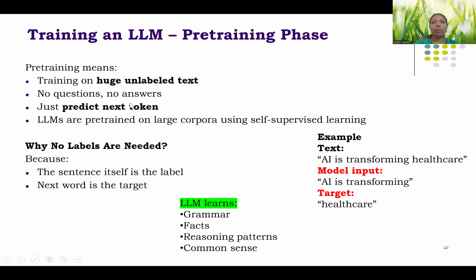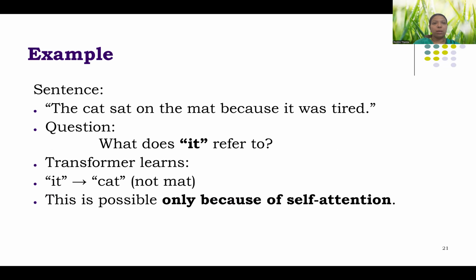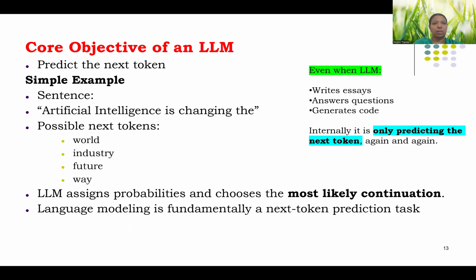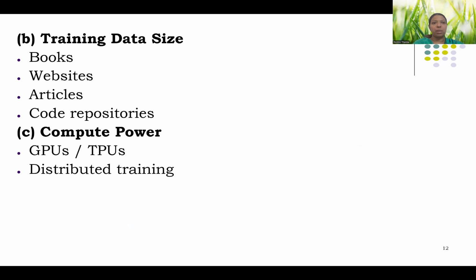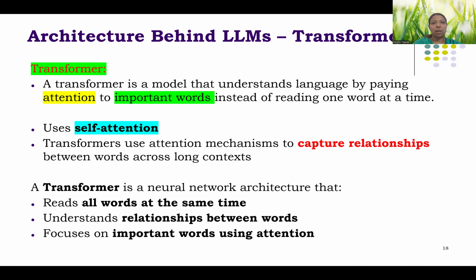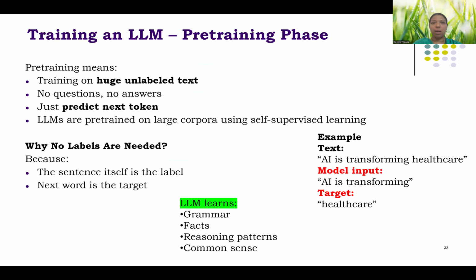And then how will we train this LLM? What is happening in the pre-training phase? As we saw earlier, these transformer models are trained with a large amount of data. It can be a book, Wikipedia, or a website. So the ways it is trained are books, websites, articles, and code repositories. So they are already trained with a large, massive amount of data.